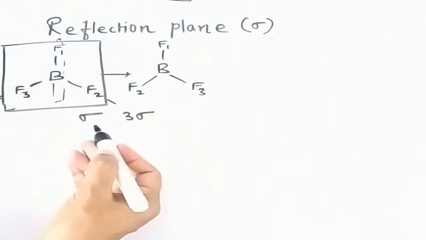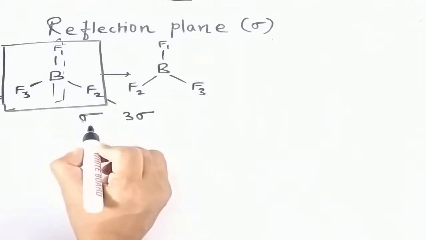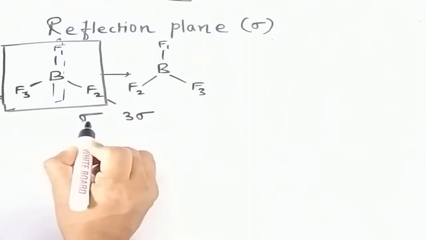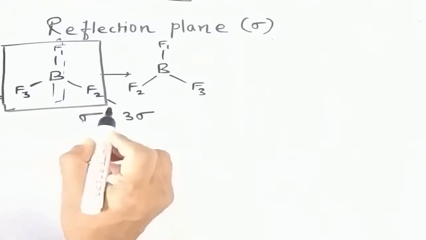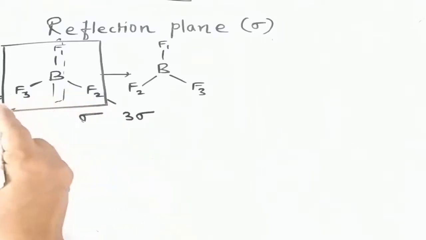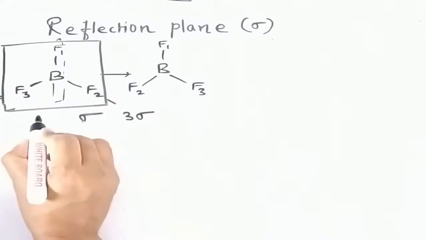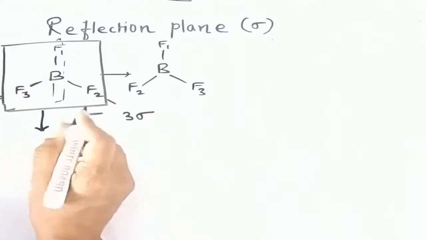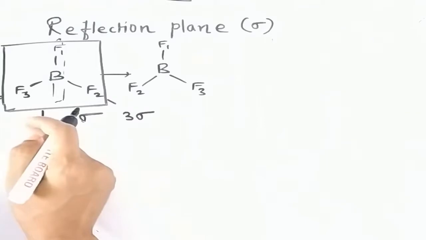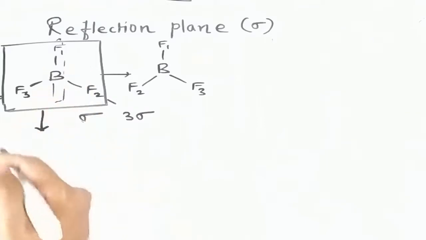So for assigning sigma horizontal or sigma vertical, we must know what the principal axis is. For that purpose, we will find out the number of axes of rotation in this molecule.